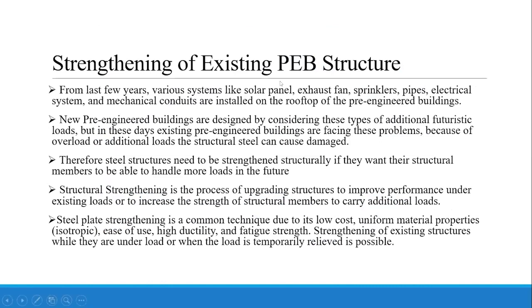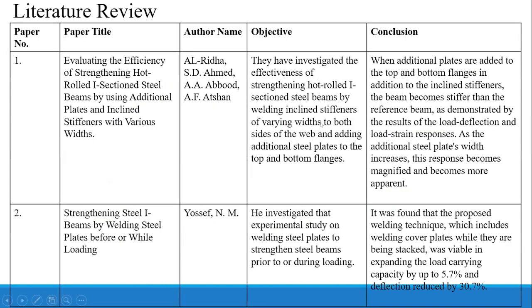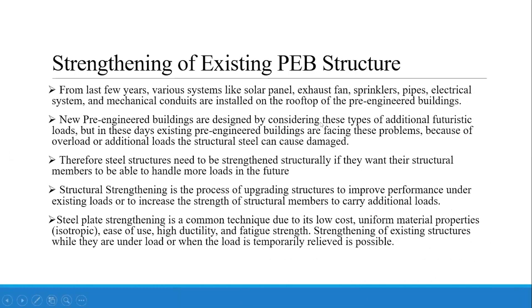So, strengthening of the existing pre-engineered building. In the last few years, various systems like solar panels, exhaust fans, sprinklers, pipes, electrical systems, and mechanical conduits are installed on the rooftop of the pre-engineered building. New pre-engineered buildings are designed by considering this type of load.